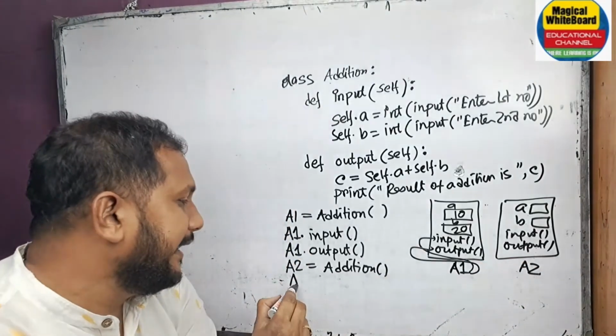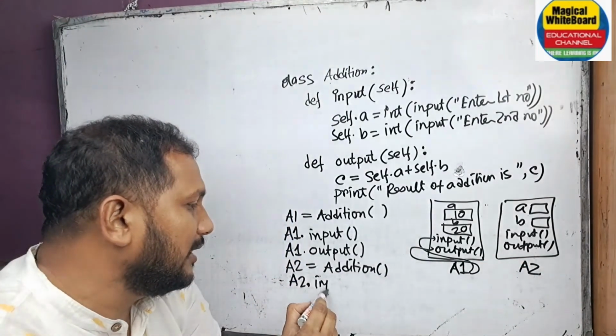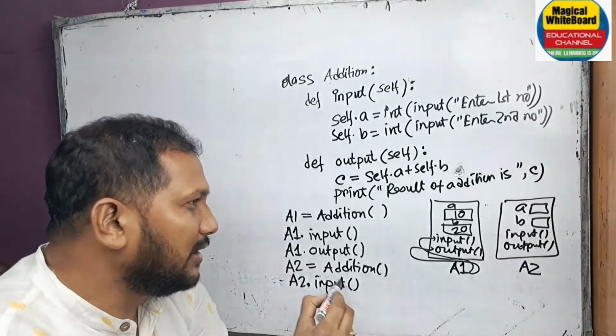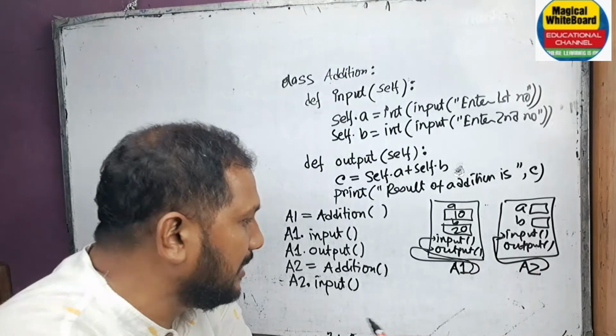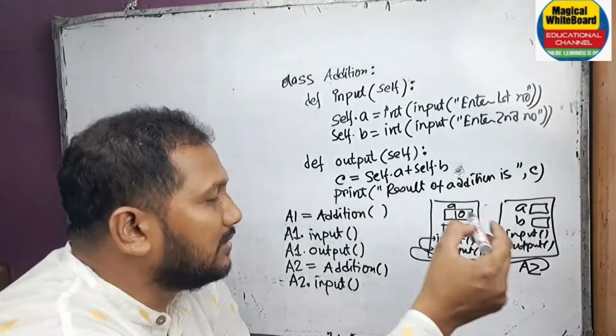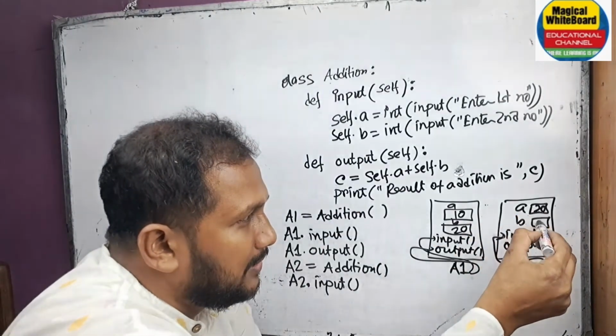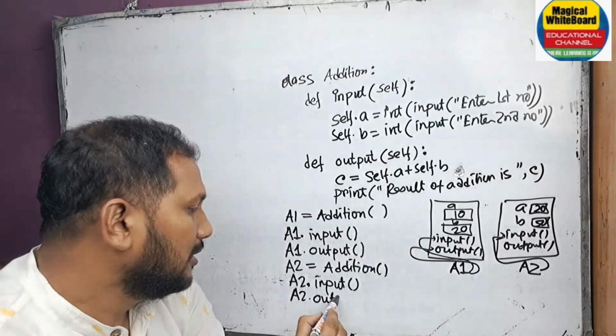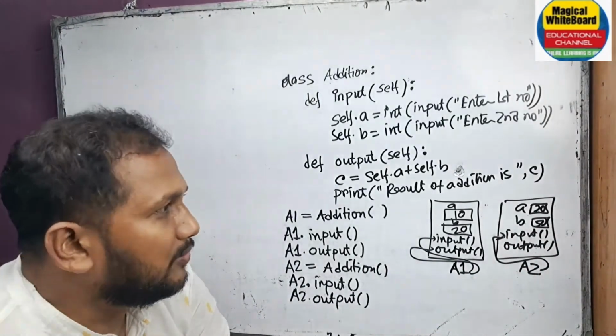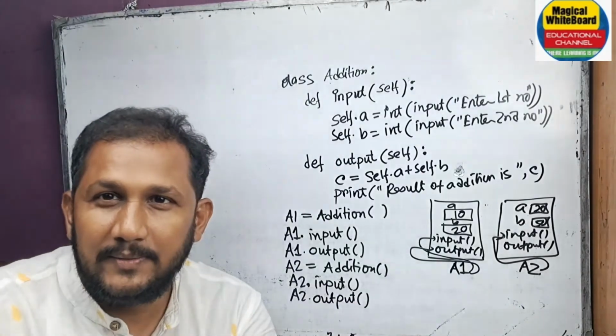When you call a2.input, the input function within a2 will be activated, and it will store some values, suppose 20 and 50. Then when you call a2.output, it will display 20 plus 50 equal to 70.